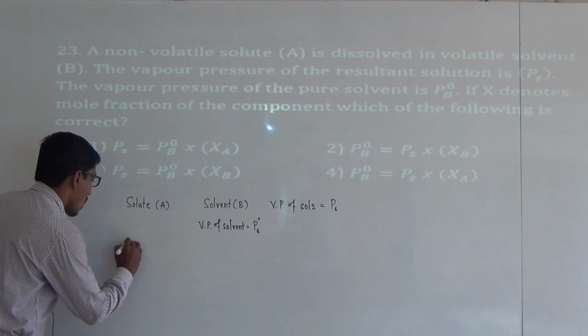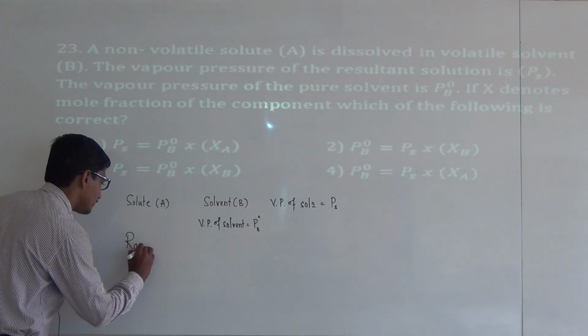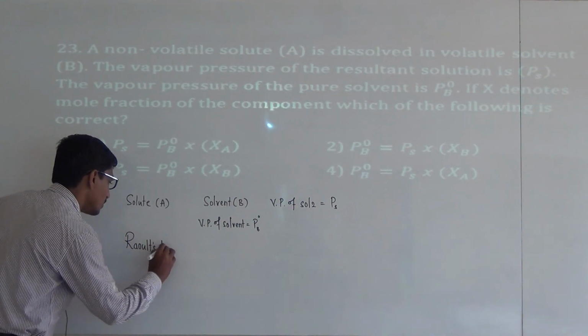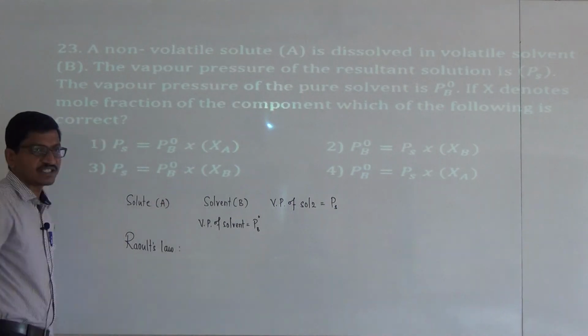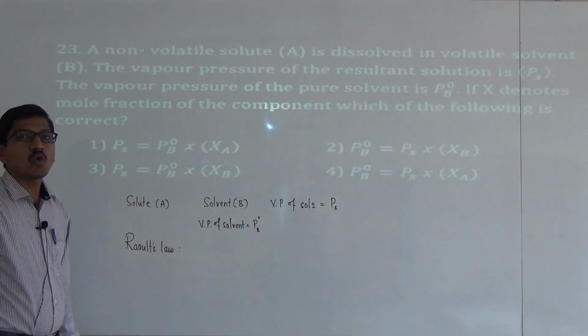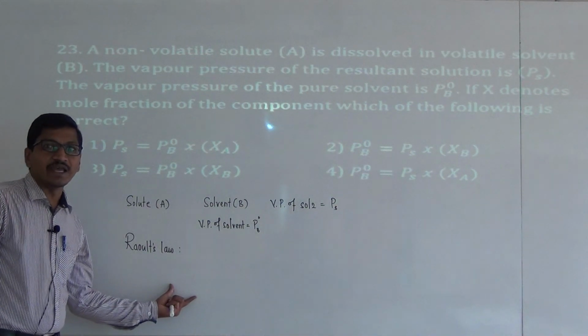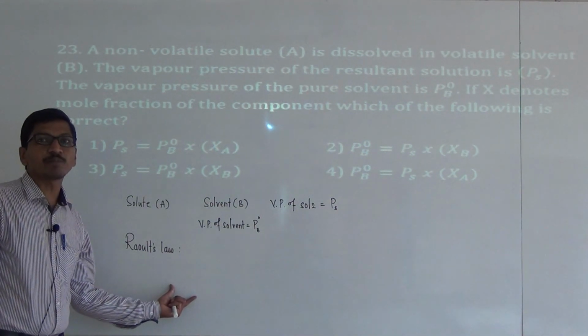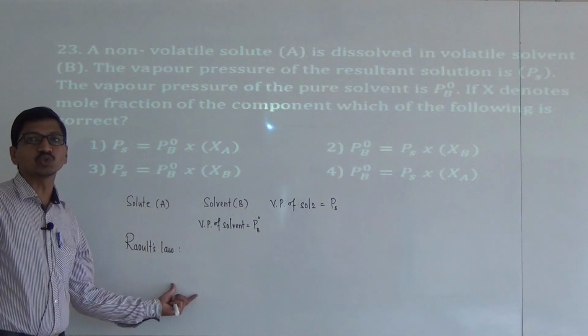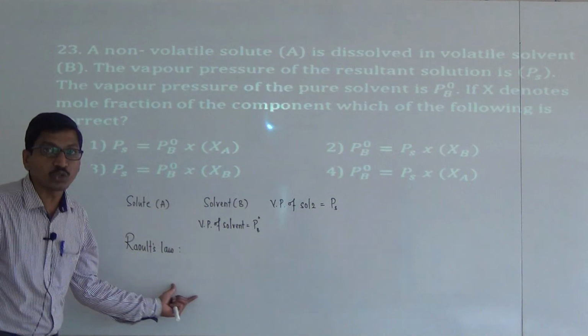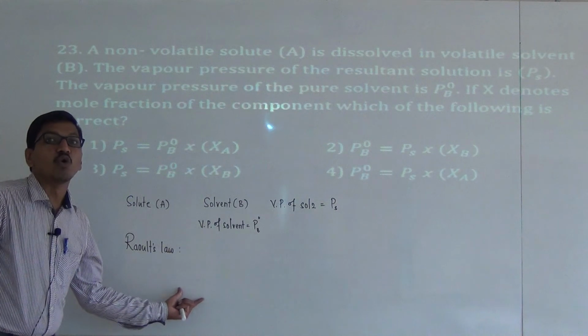According to Raoult's law, Raoult's law states that for a solution of volatile liquids, the partial vapor pressure of each component in the solution is directly proportional to its mole fraction.